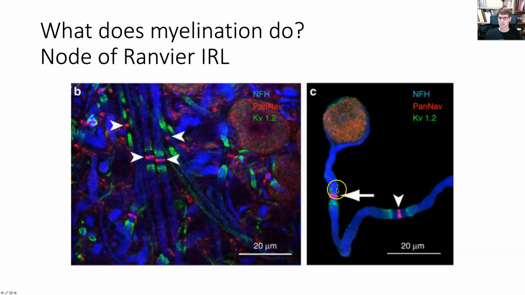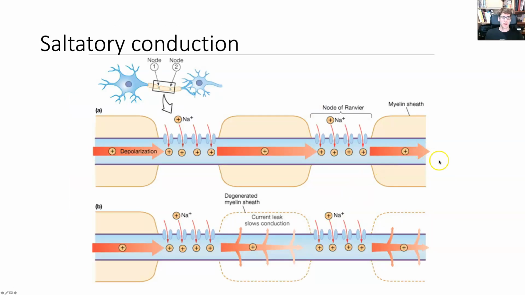So this whole stretch has been myelin, and then right here they put a whole bunch of sodium and potassium channels right at these nodes. And this is a great energy saving to the cell because we don't have to put them all along here.